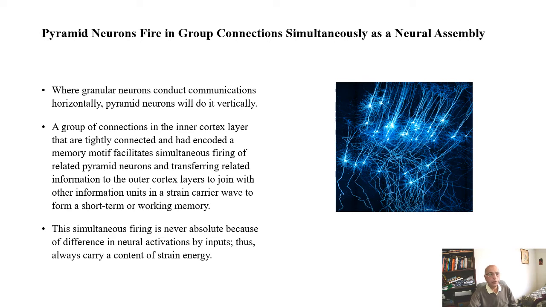Up to now, we compared the pyramid neurons in the vertical direction within a neural assembly. They just conduct the signals or electrical parts vertically, and the granular neurons just conduct between the neural assemblies in the horizontal direction.